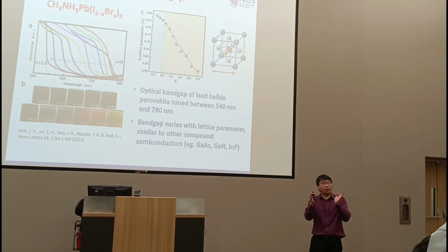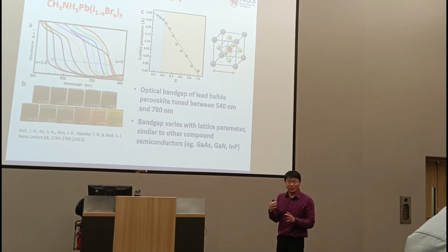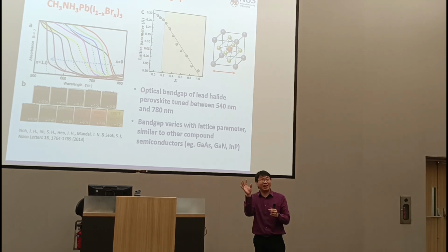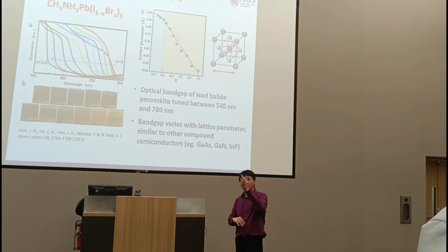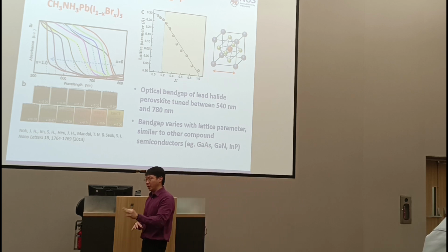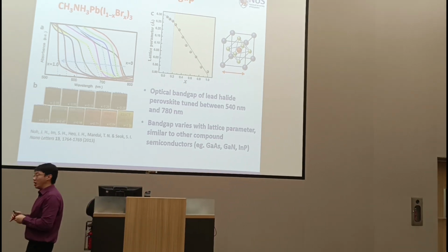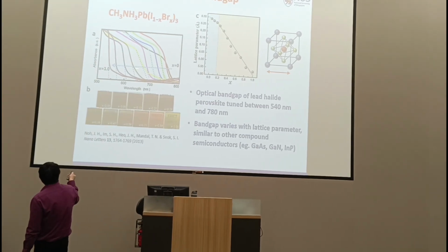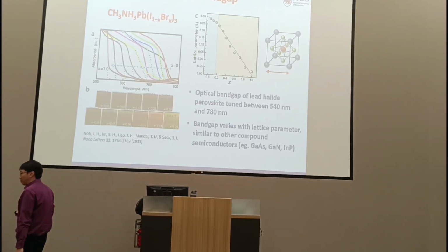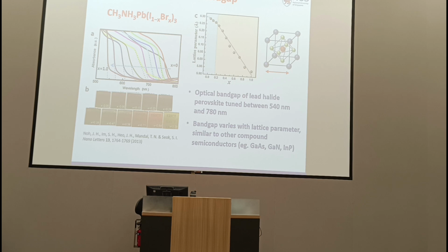2013 already people were trying to determine the band gap of all these mixed halide perovskite, because they can mix iodide with bromide, it mixes with chloride and so on. So they tried out all these variations and they formed perovskite with so many different band gaps. This is absorption curve, right?